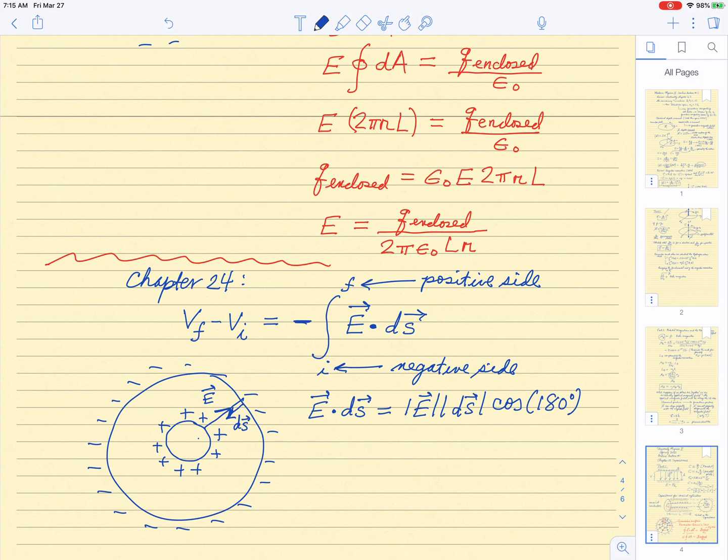So that's actually -1. So then that's just going to be negative E ds.